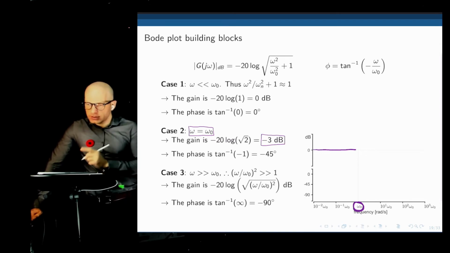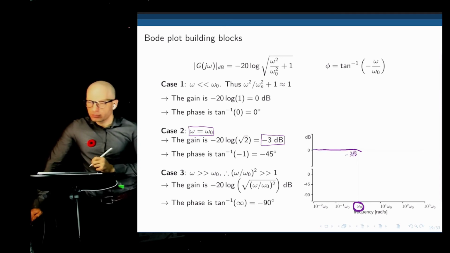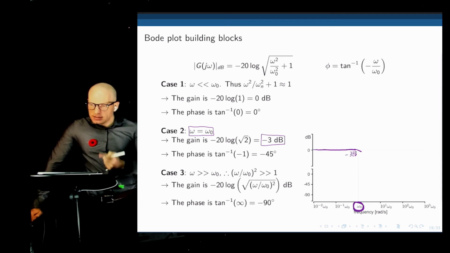At the cutoff frequency, that's case number 2, we are at negative 3 dB. And past the cutoff frequency, the magnitude of the Bode plot decreases by 20 decibels as the frequency increases by 1 decade from this point.